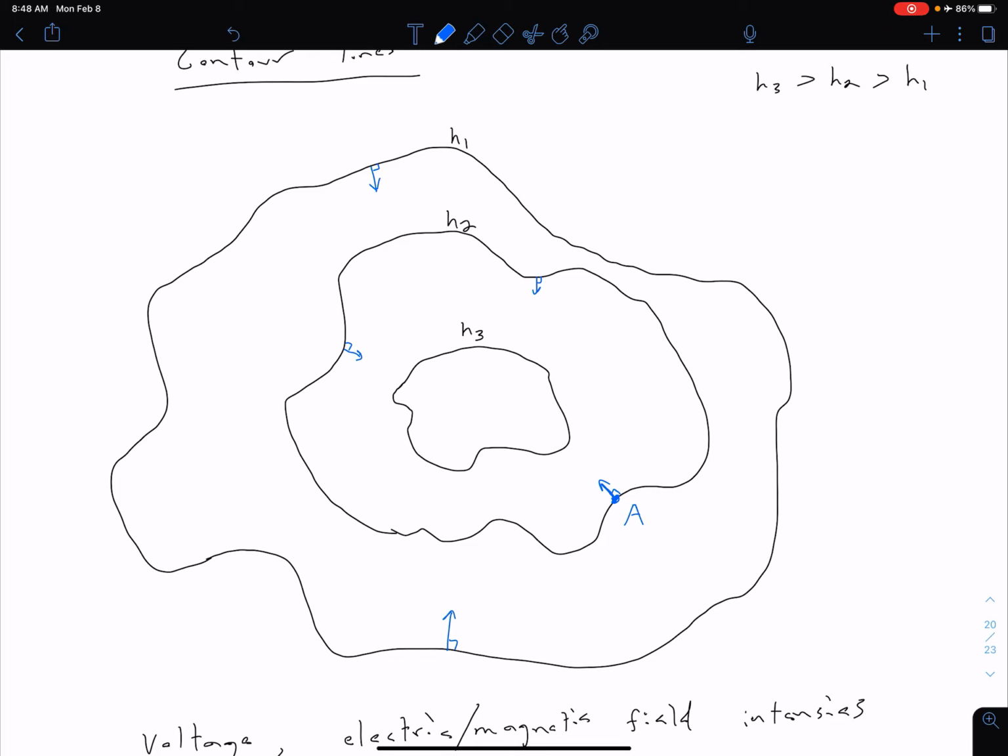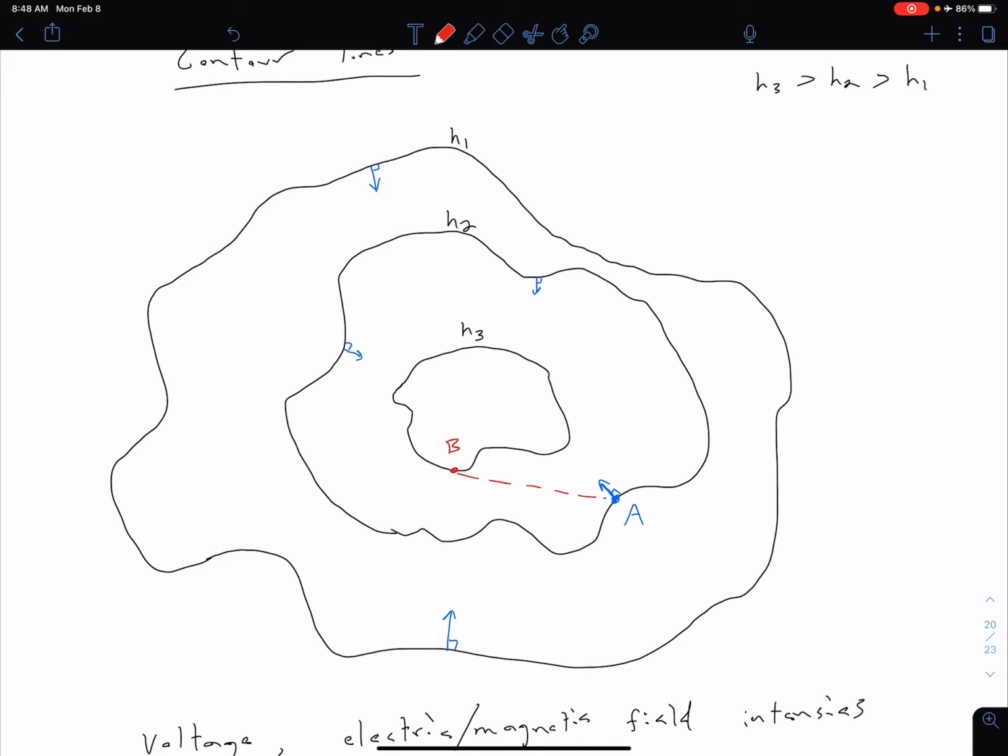Now let's say instead of in that direction, we want to know the maximum rate of increase in a particular direction. So maybe we have some point B over here. So we want to know along this direction, what is our maximum rate of increase. So what we can do is define some unit vector here.